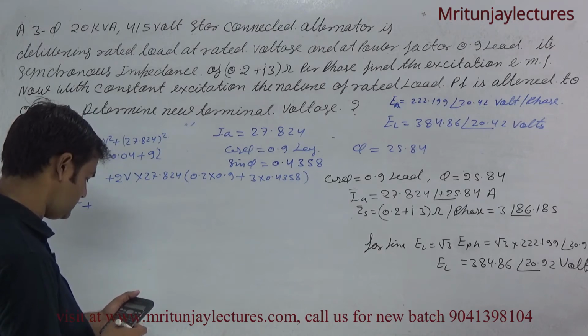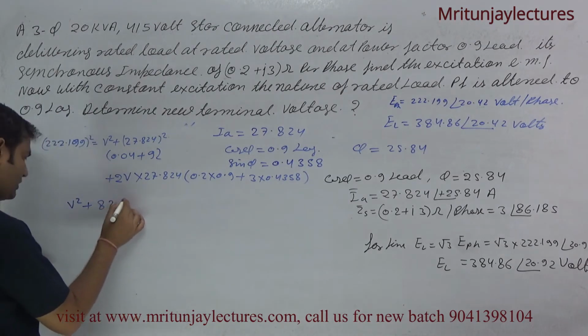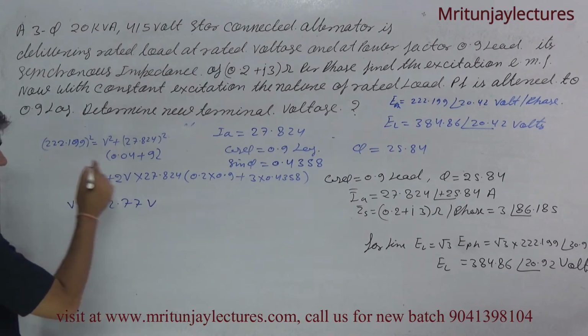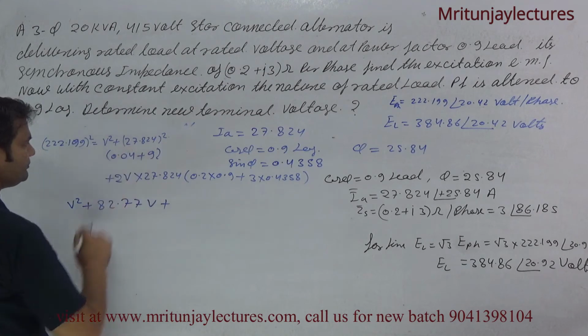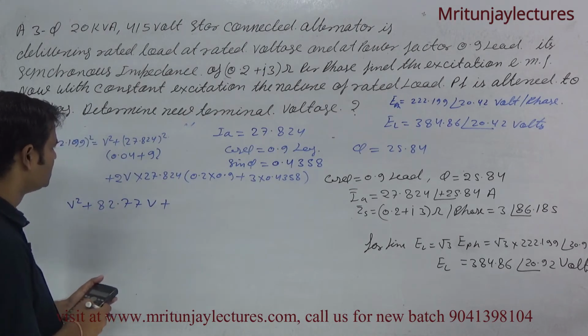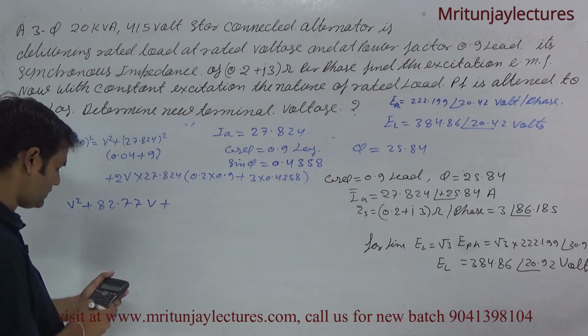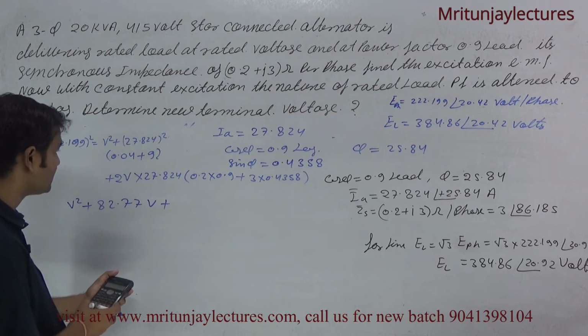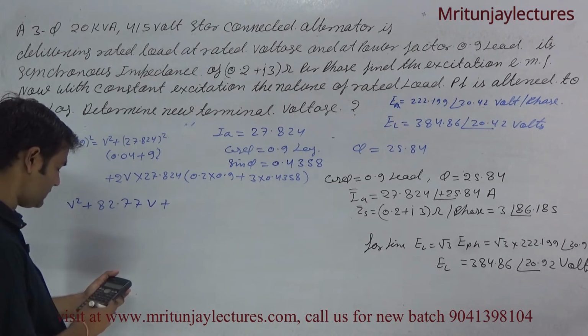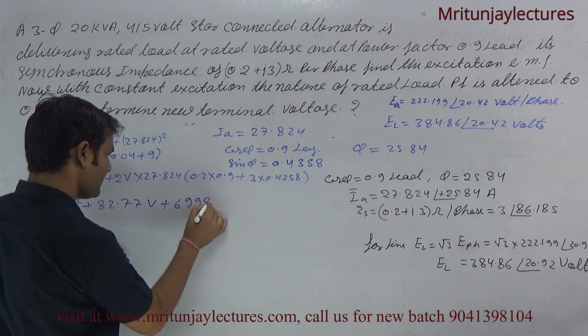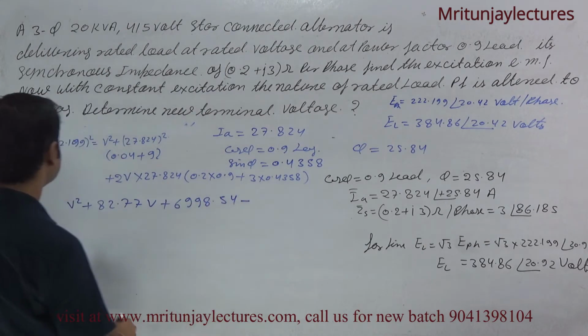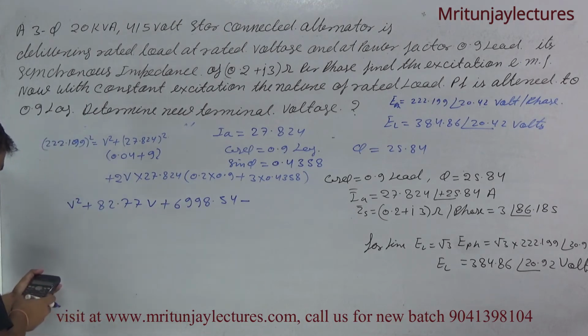This is equal to 82.77 V, plus 9.04 into 27.824 to the whole square, that is 854, minus 22.199 to the whole square.